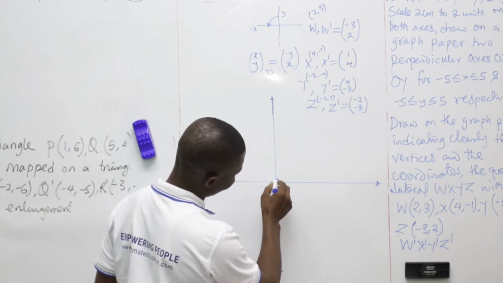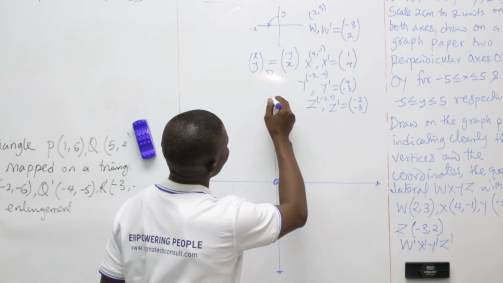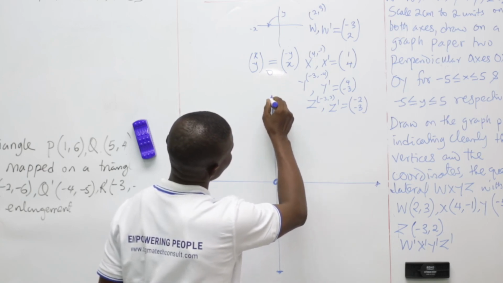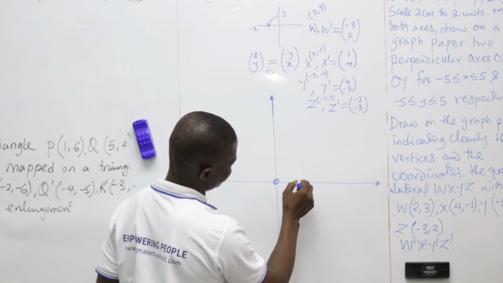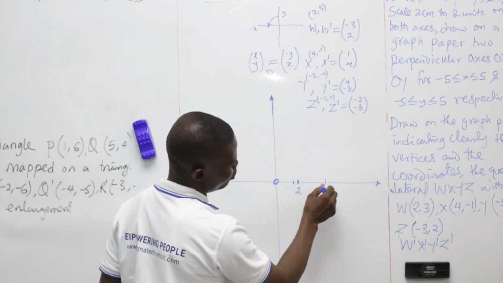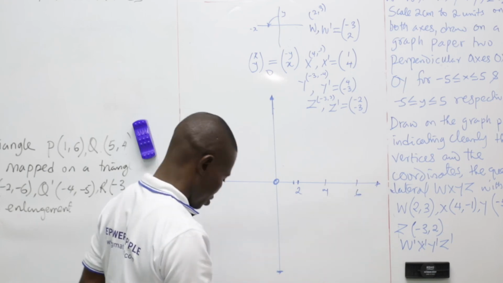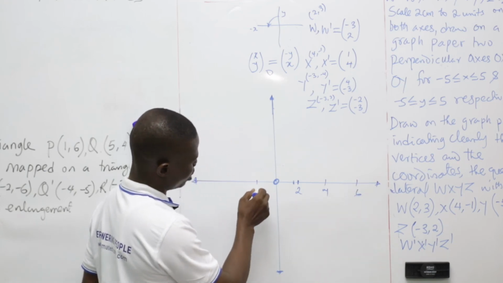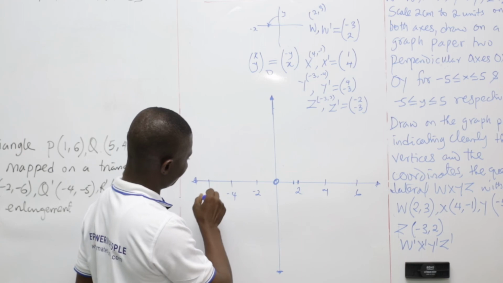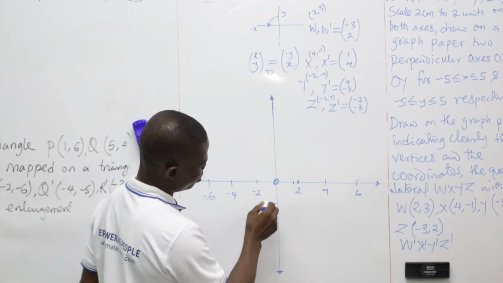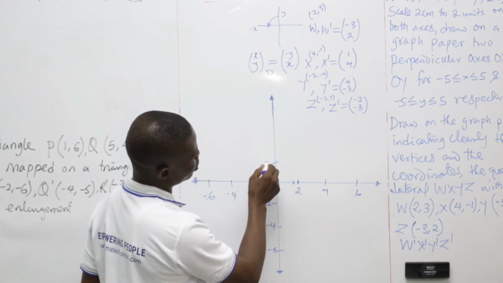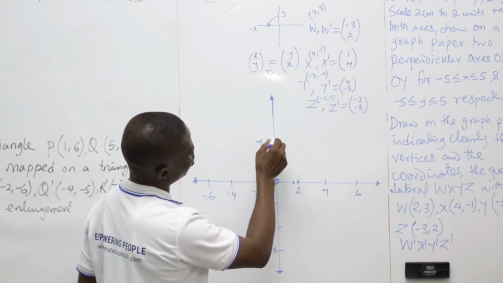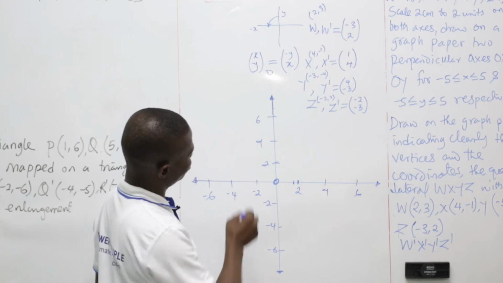Considering what we have, let us channel it to 2 cm to 2 units. So this is 2, 4, 6. You stop there. Minus 2, minus 4, minus 6 on the negative side, and 2, 4, 6 on the positive side.